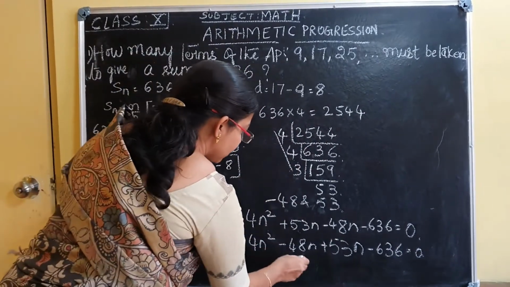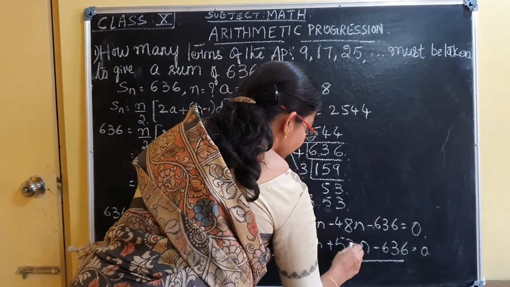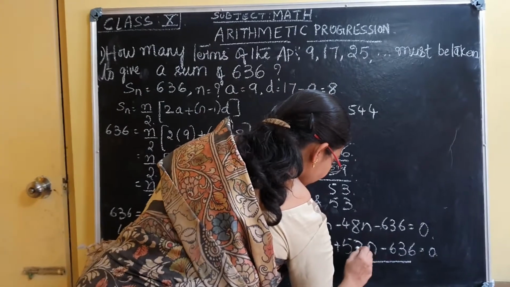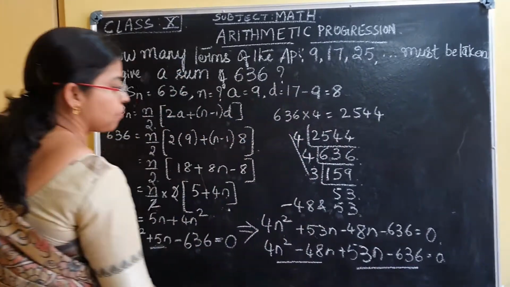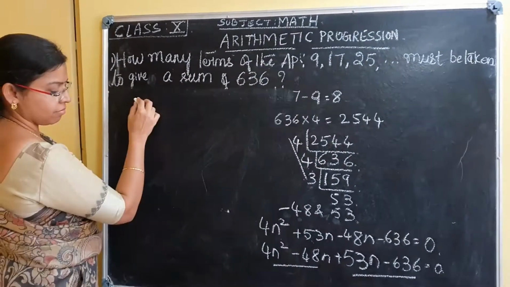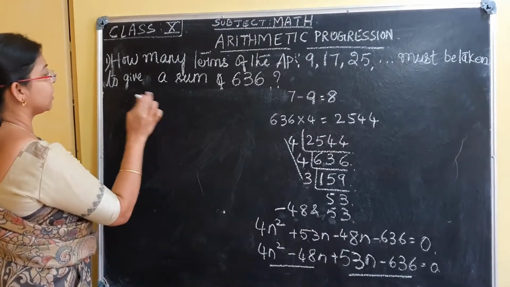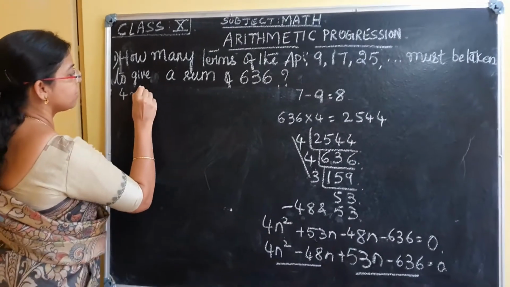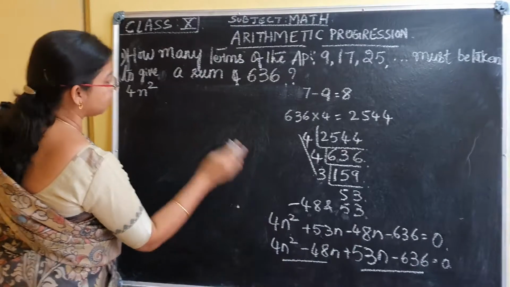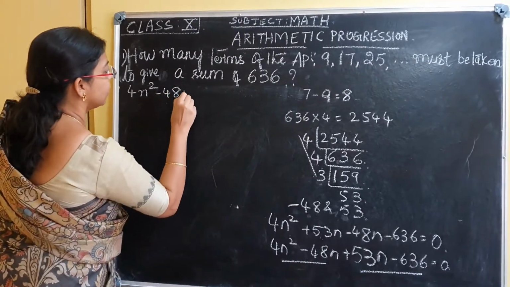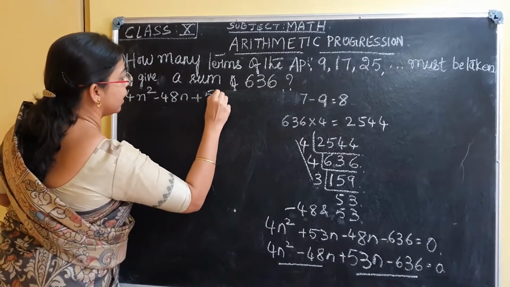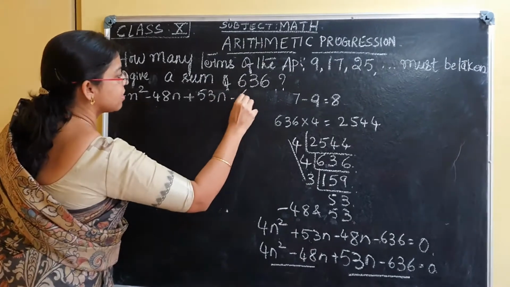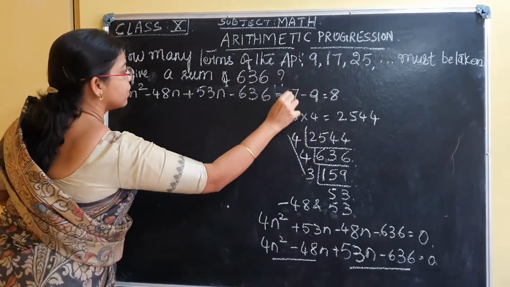We will group this. I am writing this equation here. 4n square minus 48n plus 53n minus 636 is equal to 0.